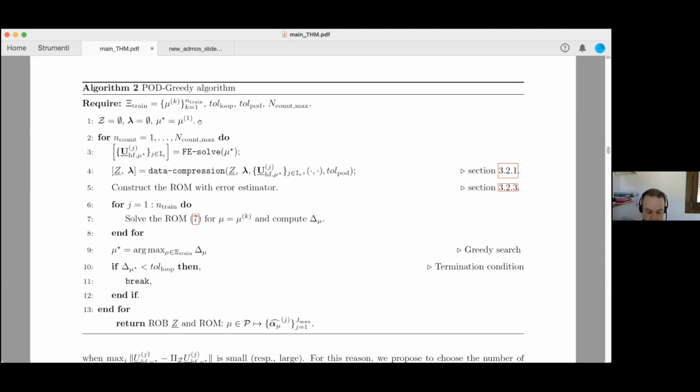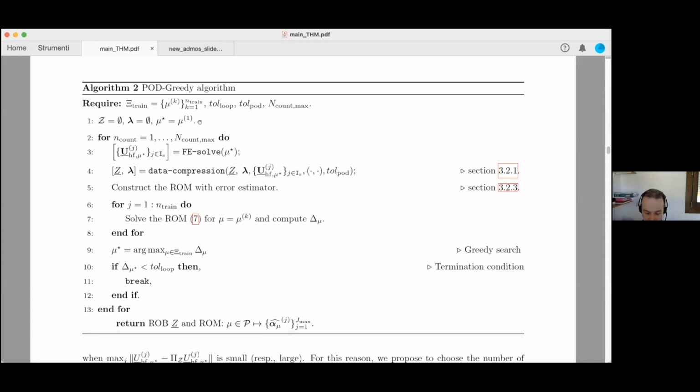About the error indicator, you have this for loop in which I compute the error indicator for each parameter in the training set, and then the one that maximizes the error indicator is selected.